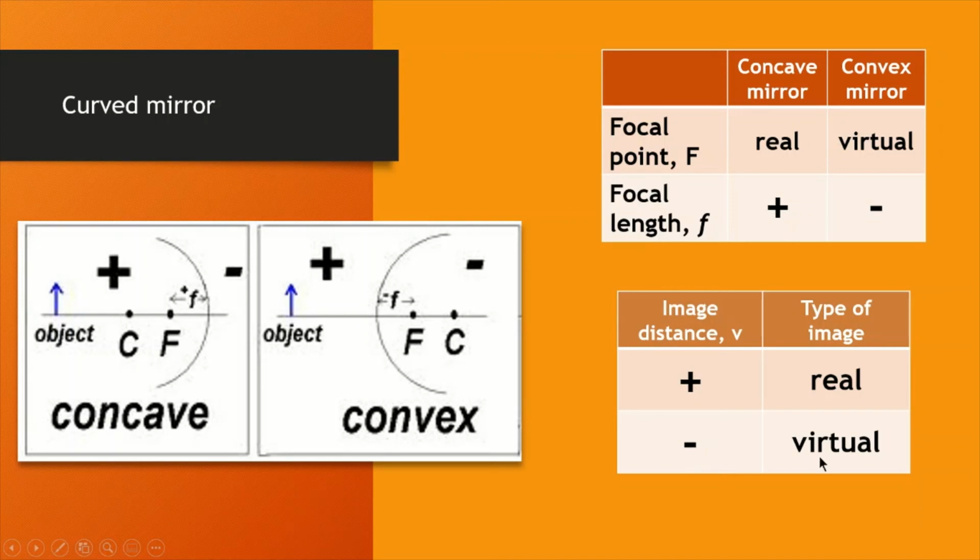Why? Because a virtual image is always behind the mirror. Remember? Behind the mirror. So anything behind the mirror is negative. A real image is in front of the mirror, on the same side as the object, so it is on the positive side. That's why it is positive. It's real, so the image distance is positive. Clear?